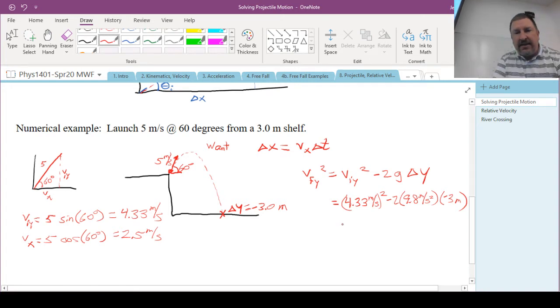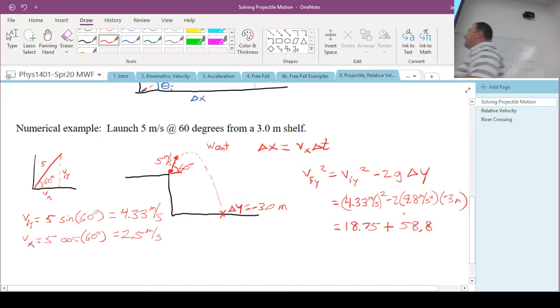So then this turns into 18.75, and this turns into a plus 58.8. Which is a total of 77.55.